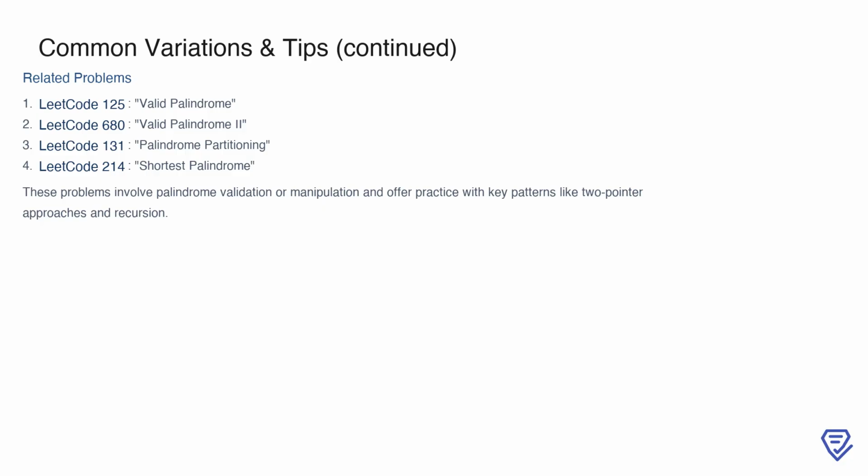Finally, LeetCode 214, Shortest Palindrome, challenges you to construct the shortest palindrome by adding characters to the string. These problems are excellent for practicing key techniques like the two-pointer approach and recursion, which are frequently used in palindrome-related problems. They also provide valuable insight into how these concepts can be extended to more complex scenarios.